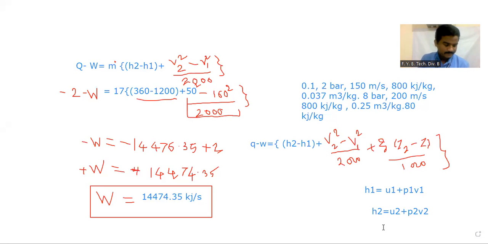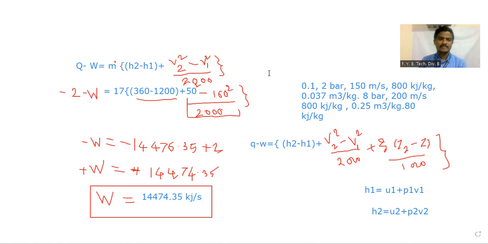Okay, what is the answer? Has anyone calculated? Minus 121.938, correct. Kilojoule per kg, that is the work done. W is equal to minus 121.938 kilojoule per kg. That is the answer.